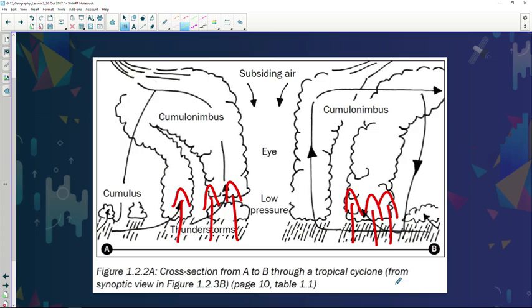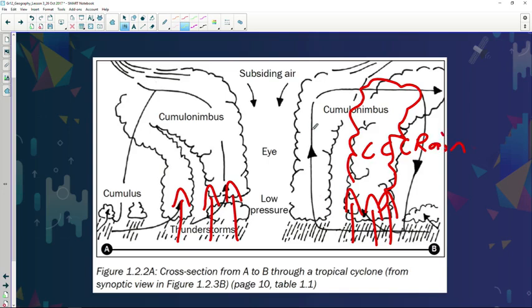Because of the warm ocean temperatures and the high humidity. So what happens if it's rising air? It cools, condenses, and forms clouds. As you can see, we get massive cumulonimbus cloud formation taking place. Now, obviously, these clouds will eventually lead to rain.